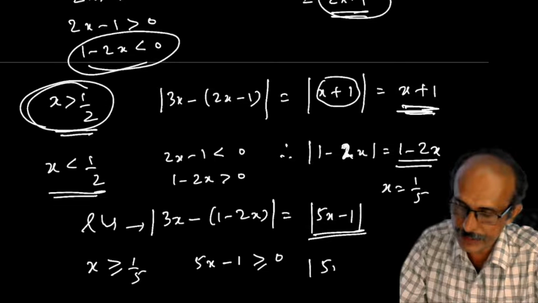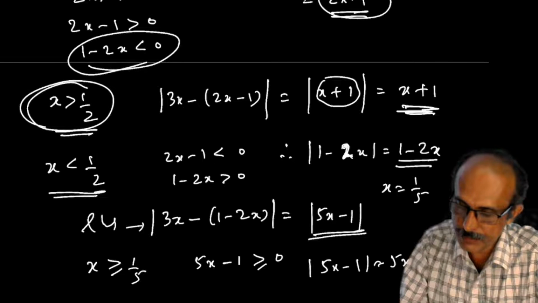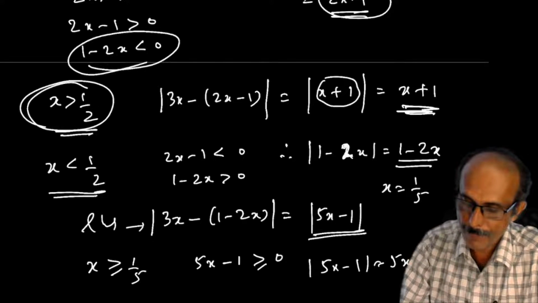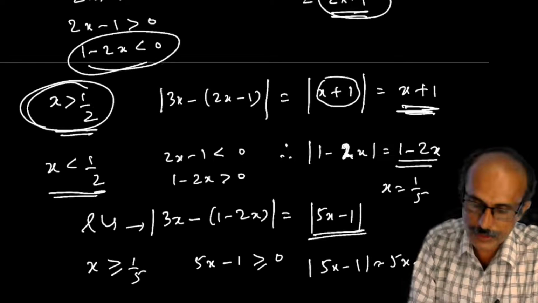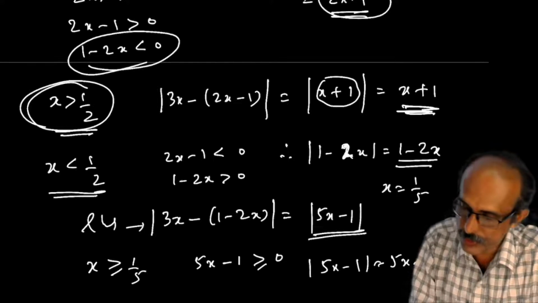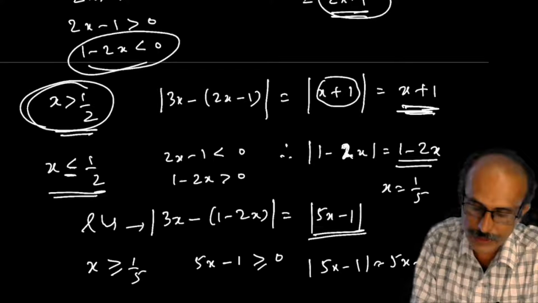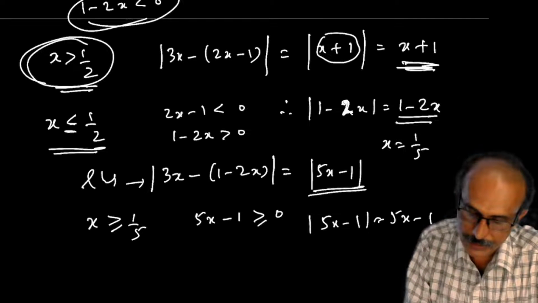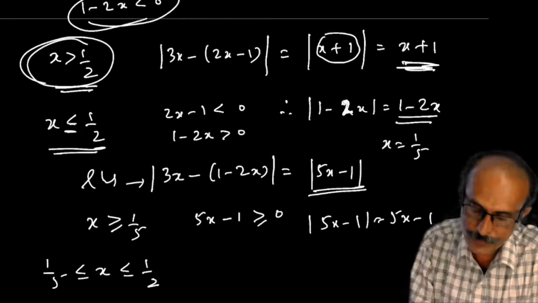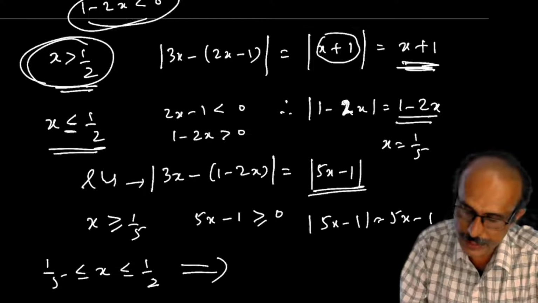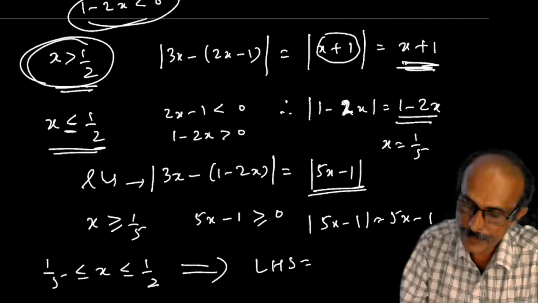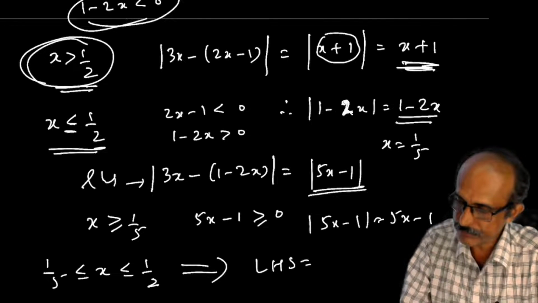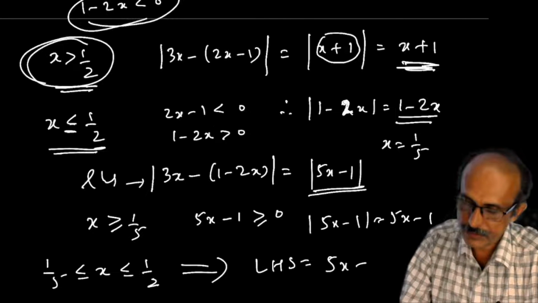So mod of 5x minus 1 will be equal to 5x minus 1. So finally, if x is lying between 1 by 5 and 1 by 2, we get the conclusion that the left hand side is equal to 5x minus 1.